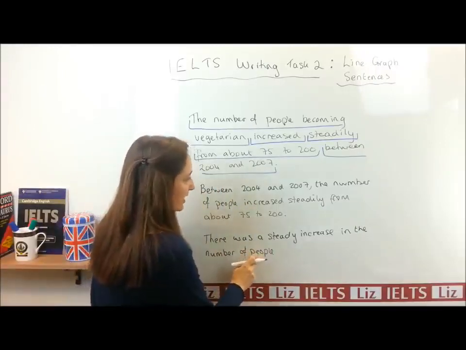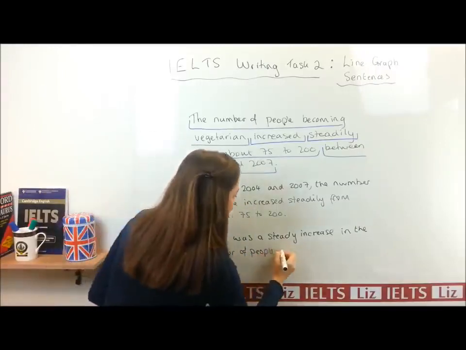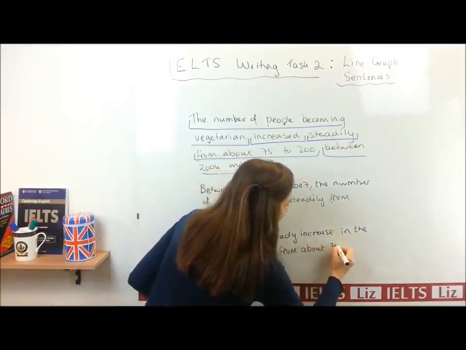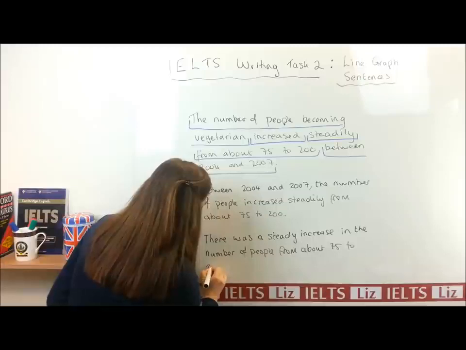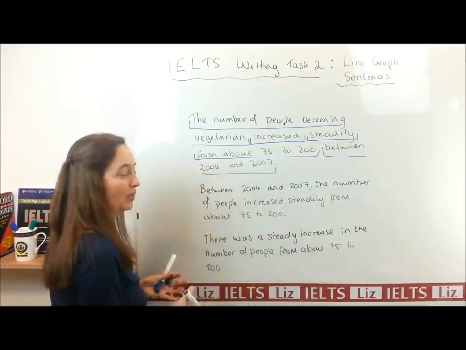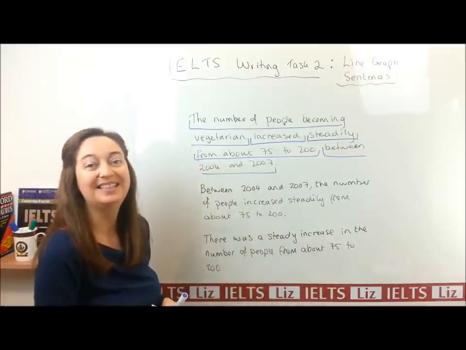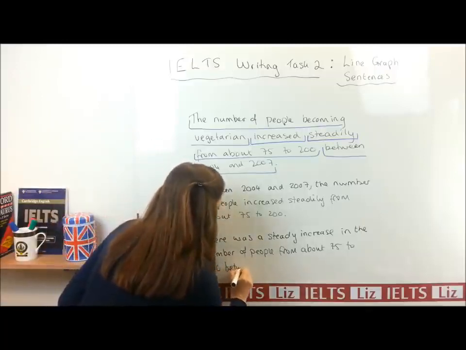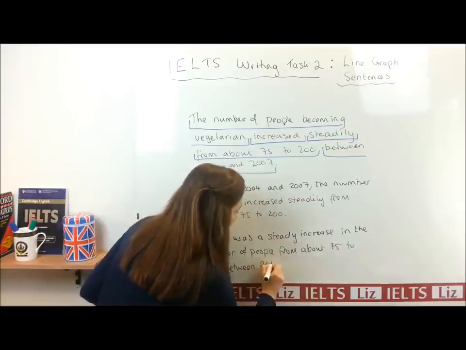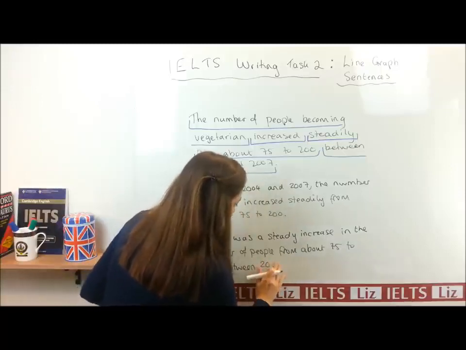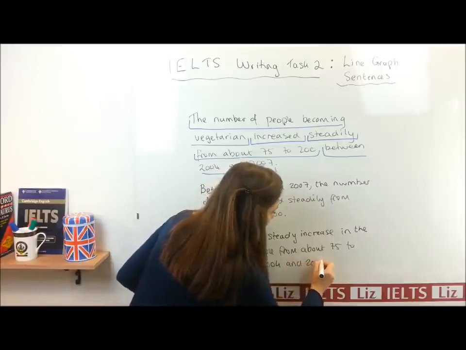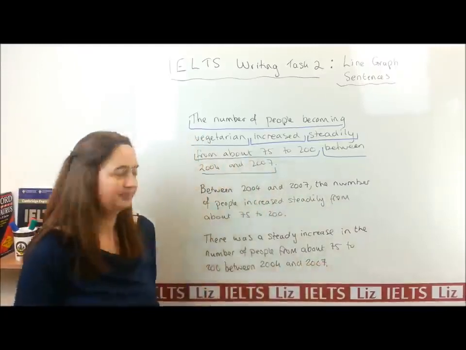So we've got that. Now we need the numbers from about 75 to 200. And what's missing? Well, the dates are missing. And we've got between 2004 and 2007.